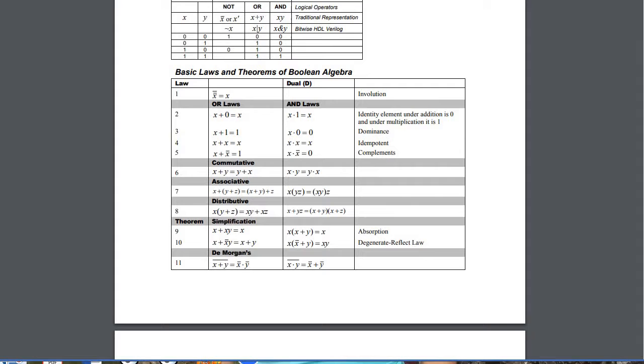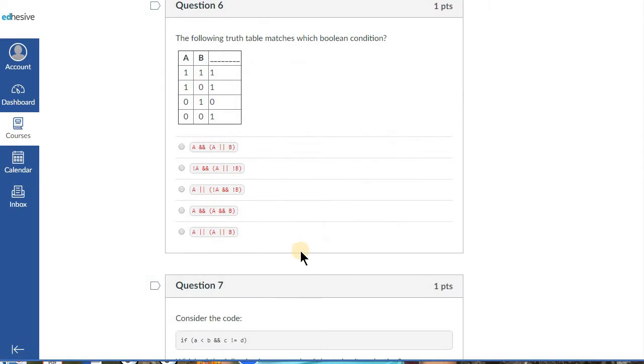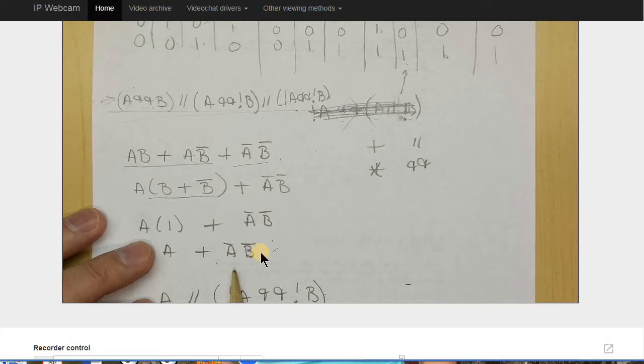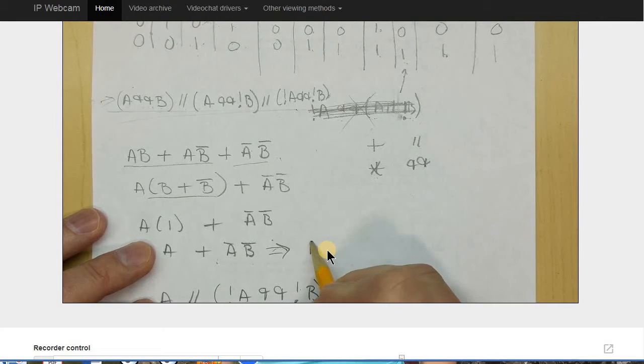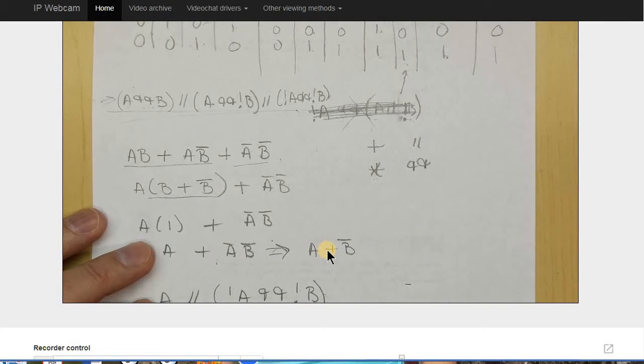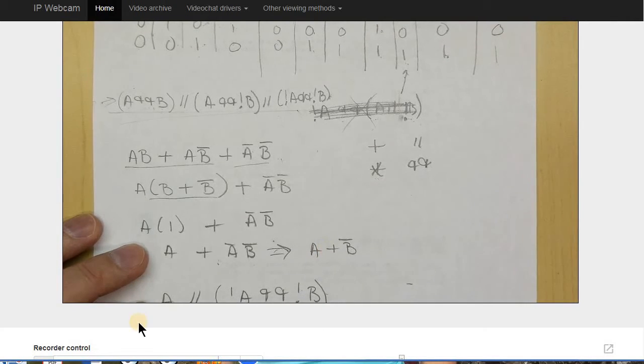If we look at our basic laws of theorems here, if we have x or x not y, that simplifies down to x or y, and we can use that right over here, because this will simplify down to a or b not. So ultimately we can make this even a lot simpler than what they have.